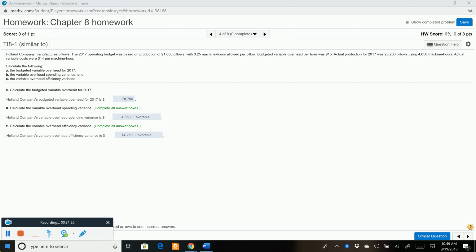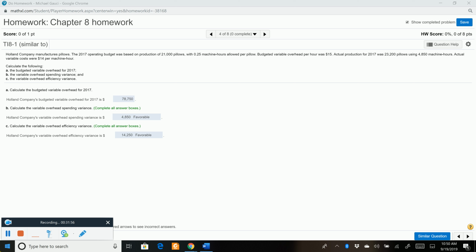Now, the next question is, what's the spending variance? Well, the spending variance, once again, is the difference between the actual, which is the $67,900, and the actual level of activity times the standard rate. So we will compare that $67,900, which is the actual, to 4,850 machine hours, the actual hours, times the standard rate of 15.